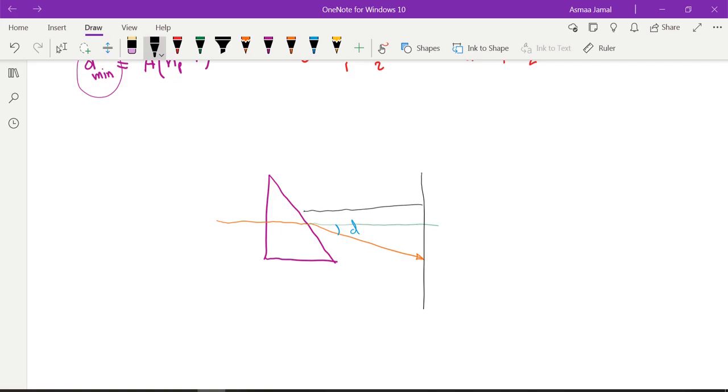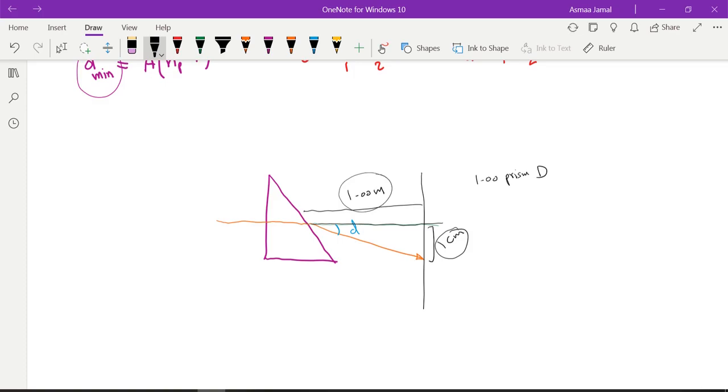After 1 meter, the prism deviates the light ray 1 centimeter away from the original path of light. So a prism that deviates a light ray 1 centimeter at a distance of 1 meter is said to have a power of 1 prism diameter.